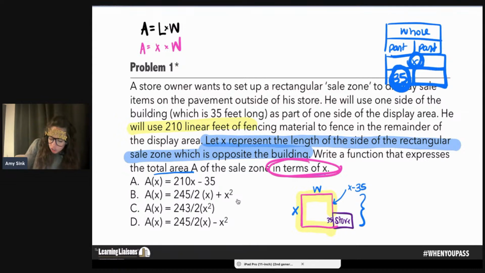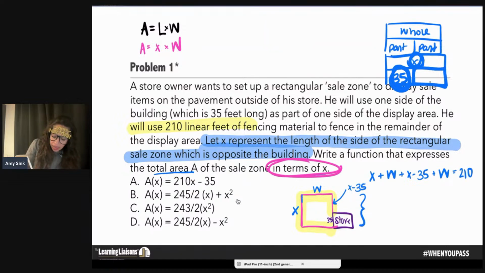I know that I can do X plus W plus X minus 35 plus another W is all going to equal 210, right?